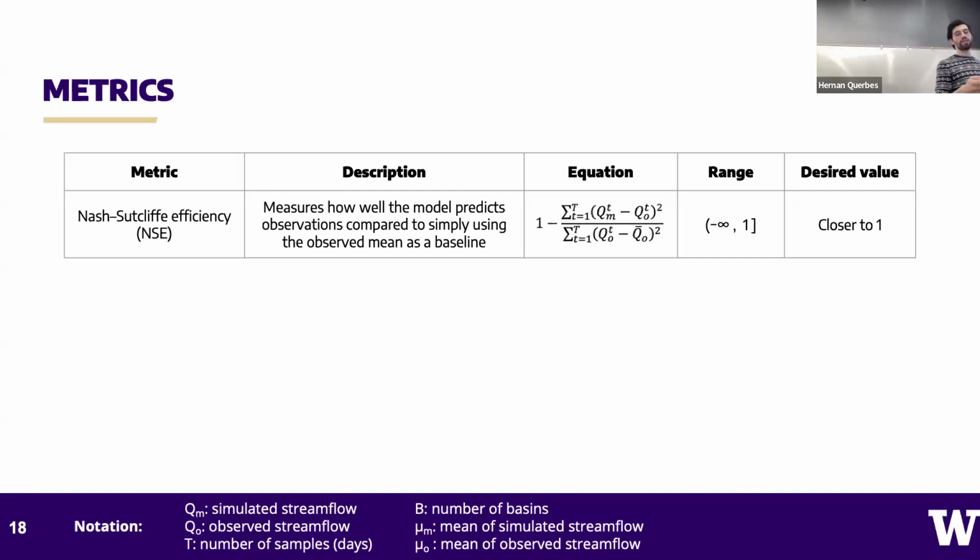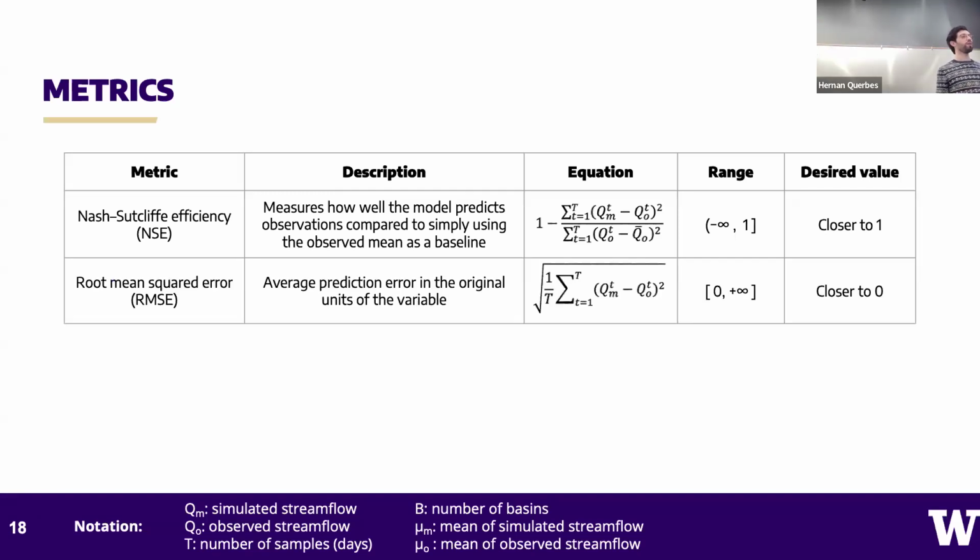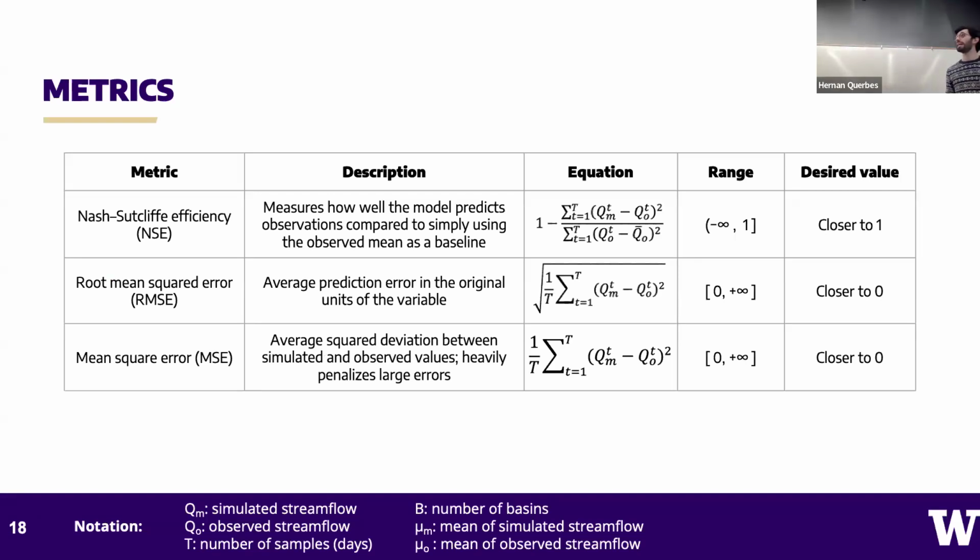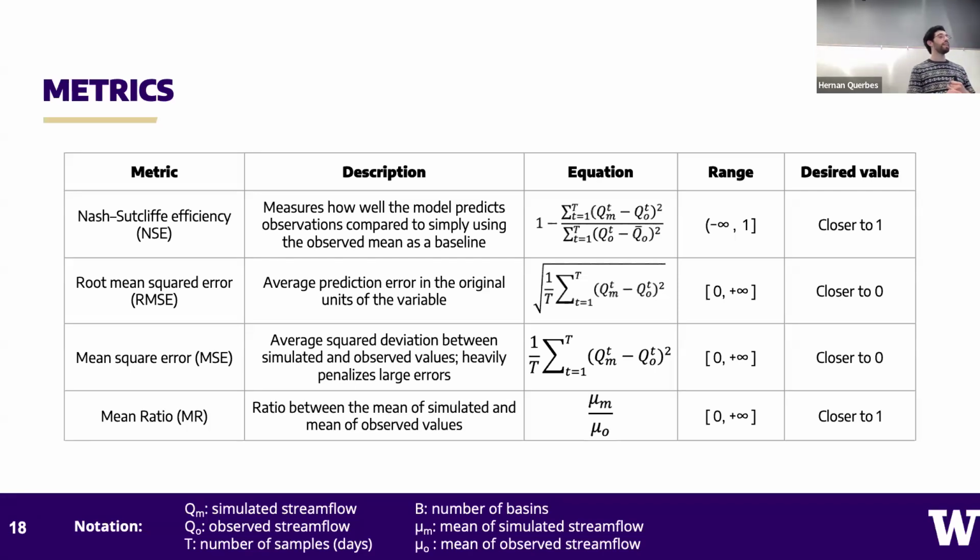We want this value to be as close to 1 as possible, but also I'm using the root mean square error and the mean square error. The advantage of the RMSE is that it's in the same units as the objective variable, that it's the Streamflow in this case. And we want both of these metrics to be as close to 0 as possible. And finally, the mean ratio, which is the mean of the simulations divided by the mean of the observations. We want this ratio to be as close to 1 as possible.